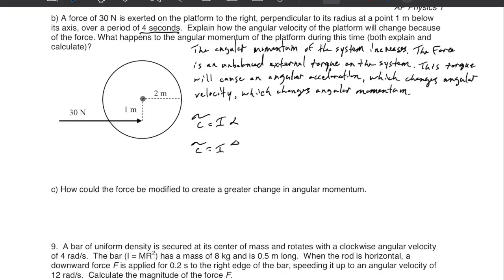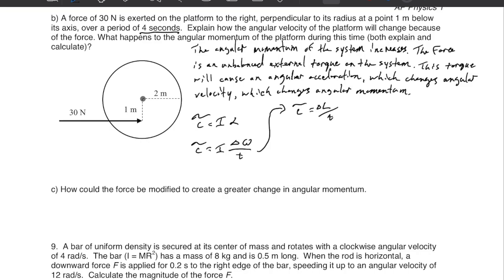Well, if we put our I times delta omega together, we would have delta L, or change in the angular momentum. So we're going to say torque is equal to delta L over t, because we're taking the I and the delta omega together.